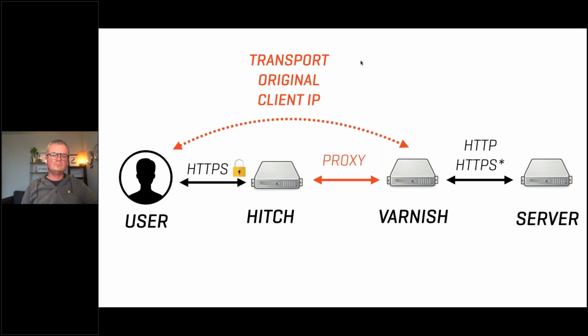But then of course we as Varnish want to make sure we keep the original client IP, because most of the caching decisions are based on the uniqueness of the client. And that's really the role of the proxy protocol, whose goal is to make sure that Hitch can pass the right amount of information to Varnish, so that Varnish can then handle the request as it was originally sent.